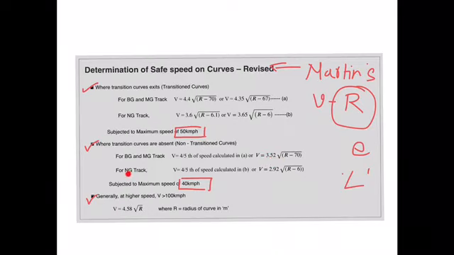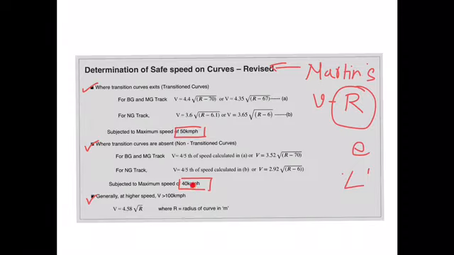Similarly for narrow gauge, it can be taken as V is equal to 4/5 of the previous formula, 3.65. 3.65 into 4/5 comes to the 2.92 value. And with the speed restriction here, the formulas are valid only up to a speed of 40 kmph.